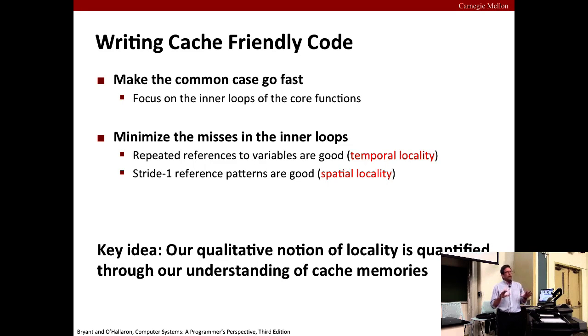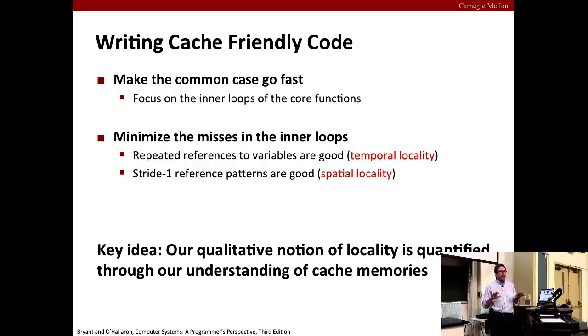So basically the point I want to make is that our understanding of caches allows us to quantify this qualitative notion of locality that we developed last time. Last time we said that stride 1 references are good, and accessing the same variable over and over is good.